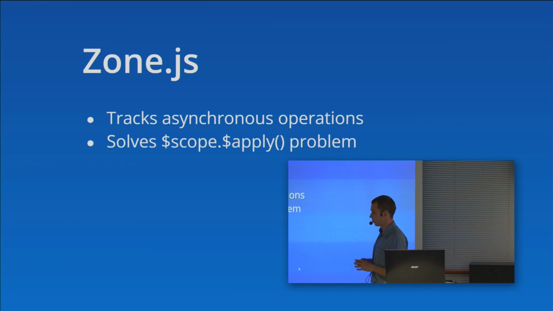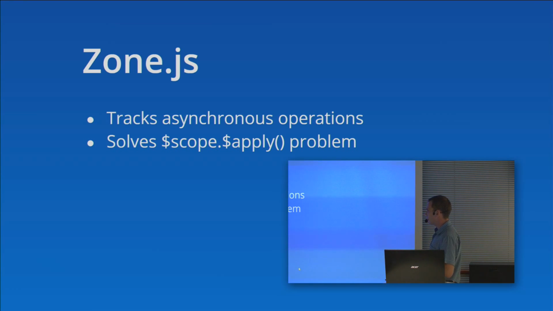So we would have to do scope apply for that. That's why all those wrappers exist: $timeout would just call your function and then call scope apply. That's it. And scope apply calls scope digest, and this will run the change detection and so forth.